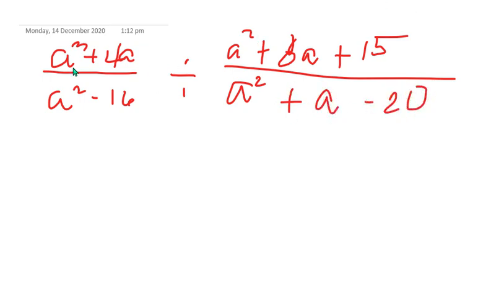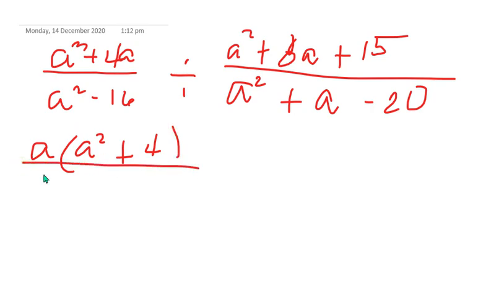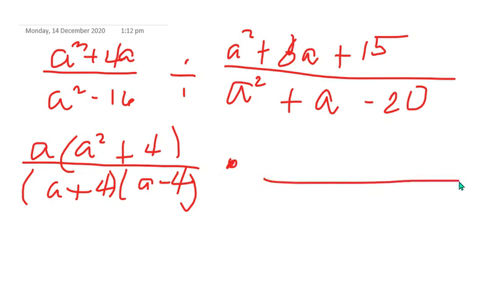Okay, so here we will just get the common monomial factor. The common monomial is a. We have here a squared, for 4 divided by a is equal to 4. And difference of 2 squares, so a plus 4 times a minus 4. Then we simplify. This now becomes the numerator, and this becomes the denominator. So we have now a squared plus a, the factor is a plus 5, then a minus 4.